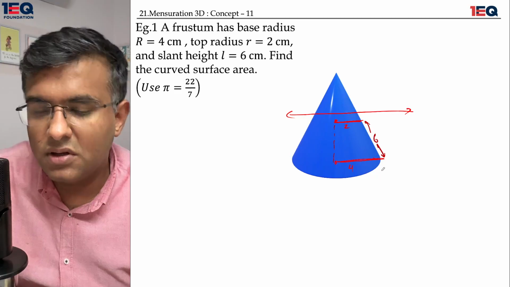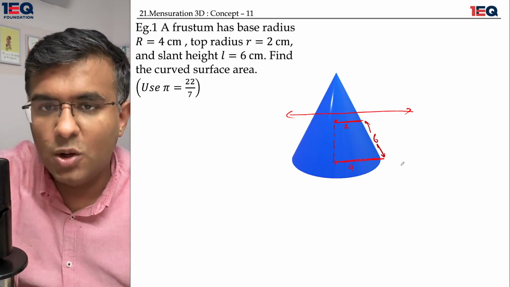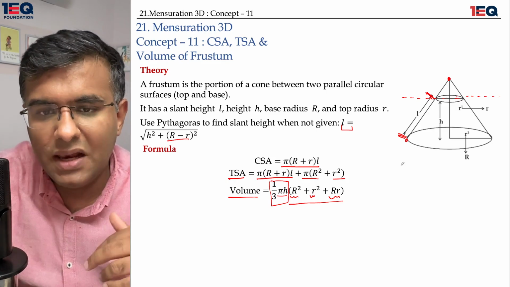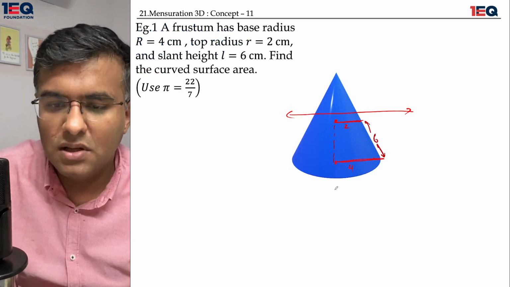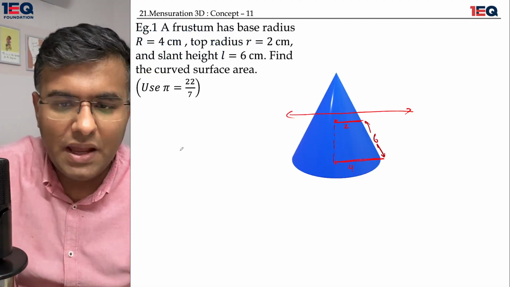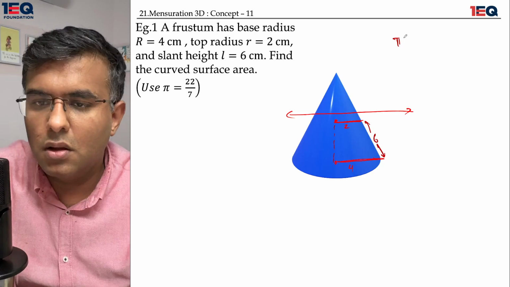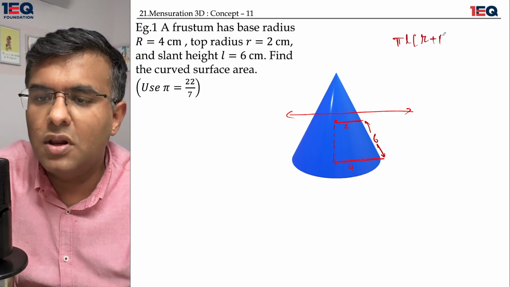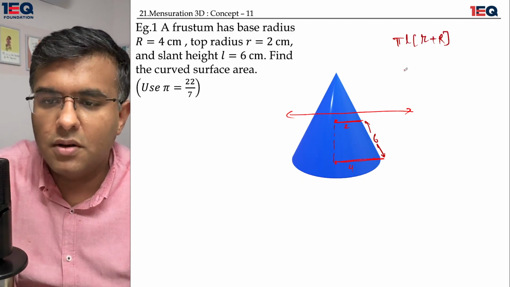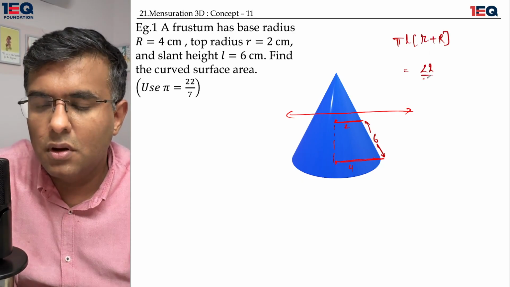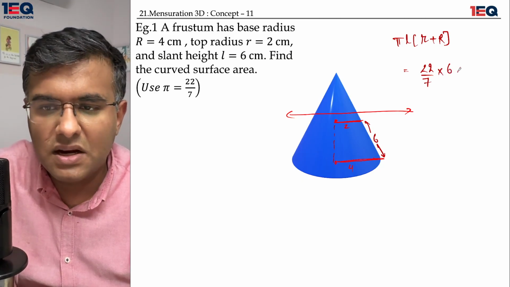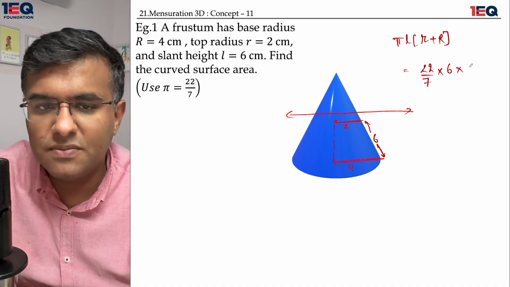I need to find out the curved surface area. Let me go back to the question. The formula is pi L multiplied by capital R plus small r. The pi stands for 22 by 7, multiplied by 6, which is the slant height, multiplied by capital R plus small r.